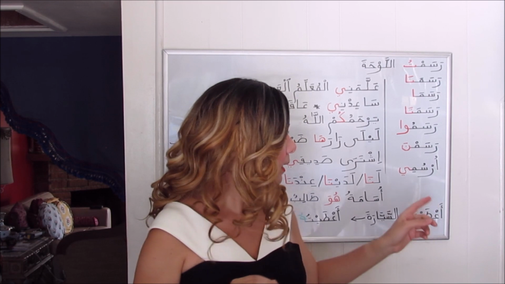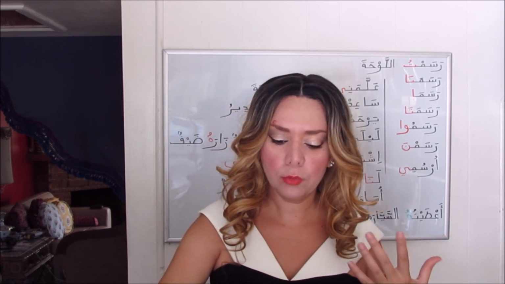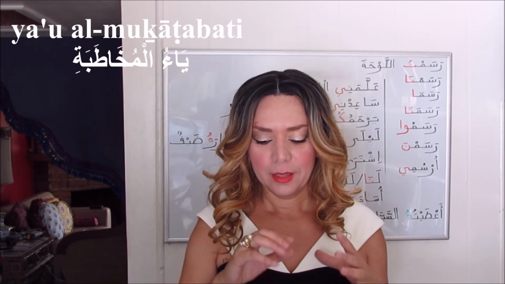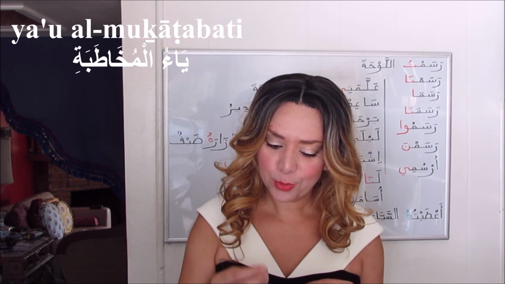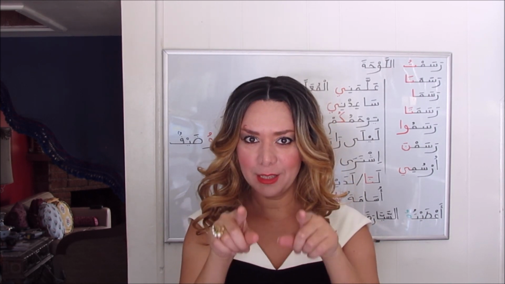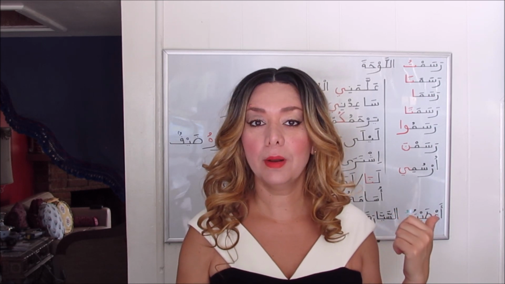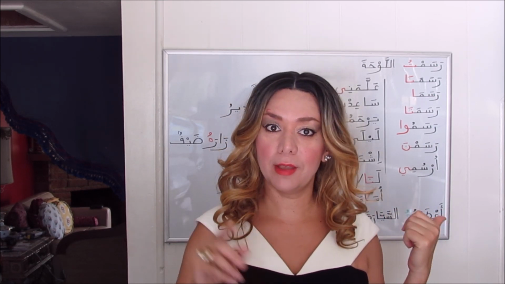ارسمي اللوحة, paint the portrait. So for ارسمي, that ya is the ya of address, the vocative ya, ياء الخطاب, is the attached subject pronoun of the verb رسم in the nominative, referring to the second person singular feminine. رسم is conjugated in the imperative, أنت.